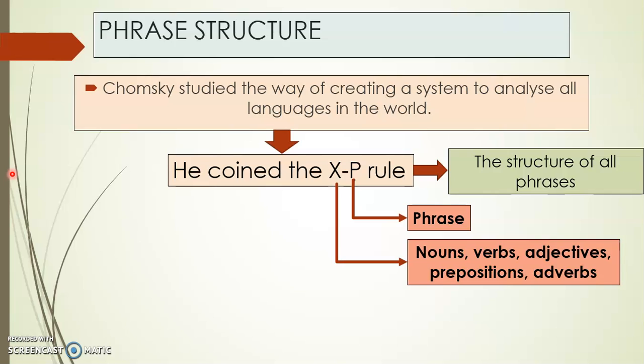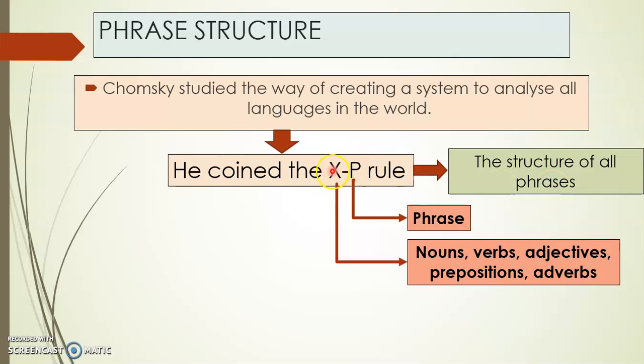What he decided to do was to think of a way of analyzing every single sentence, every single phrase structure in any language, so that it can be applied to any language. So he coined the XP rule, and this is what we are going to do from now onwards with the phrases and then the sentences. The XP rule is the structure of all phrases.